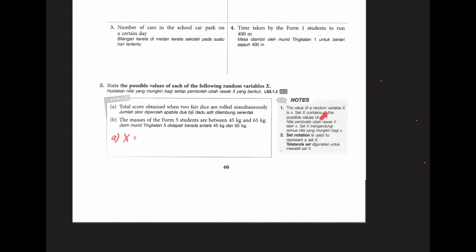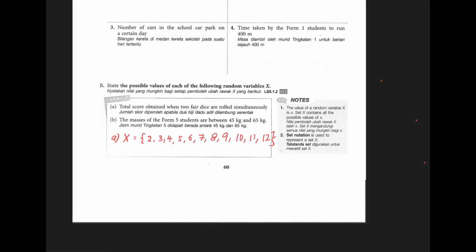Set x contains all the possible values of x. Set notation is used to represent a set x. So we use set notation, something like this. When you roll two fair dice, you may get 1 and 1 as the smallest possible score. So 1 and 1 you total up, you get 2. You may get 3, 4, 5 until 12, 6 and 6 for each dice. So you will get a maximum of 12 as your total score.